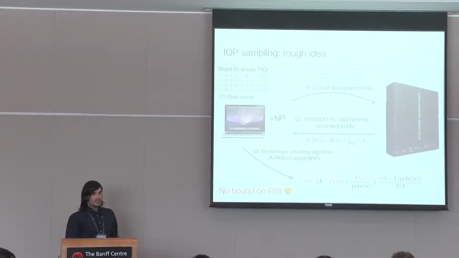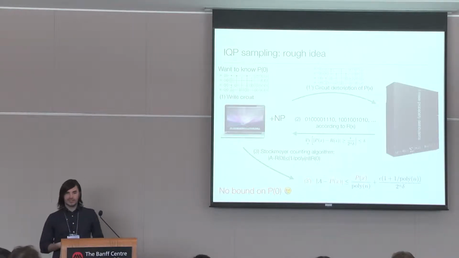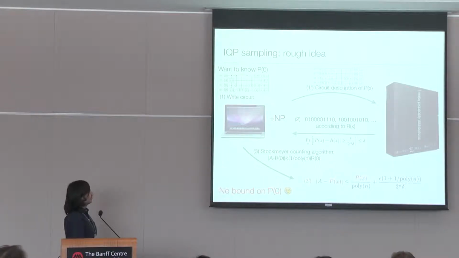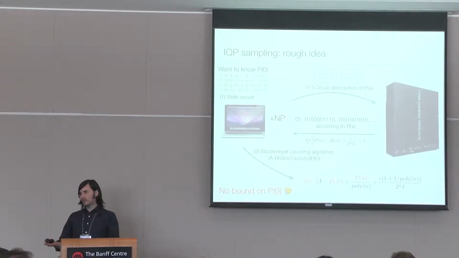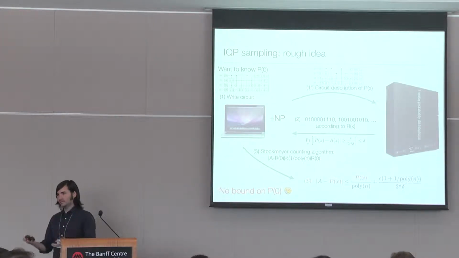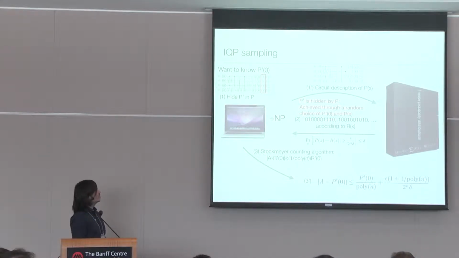This can be overcome by randomly choosing your input instances to this problem. So instead of starting with a fixed circuit, we now start with a circuit where we randomly bit flip, we do a whole bunch of random bit flips before the final measurement outcomes.